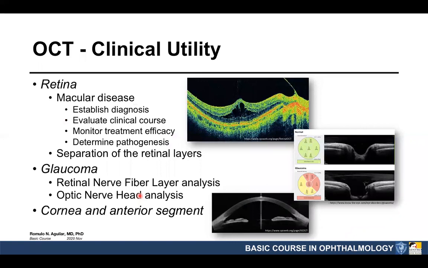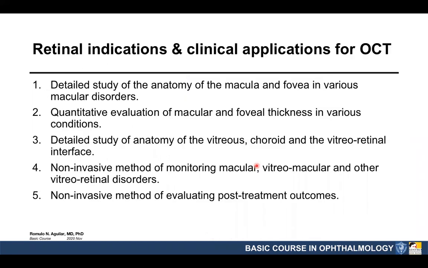Where do we use OCT? It can be used to evaluate retinal diseases and the retina itself. It can be used to evaluate the optic nerve and the retinal nerve fiber in glaucoma. It can also be used to evaluate the cornea and the anterior segment. For this session, we will concentrate on the retina.